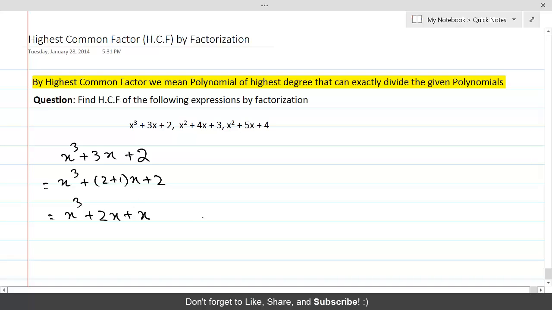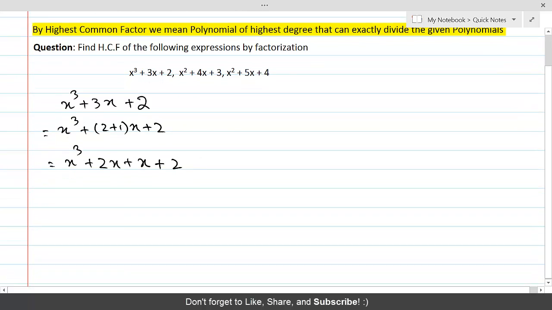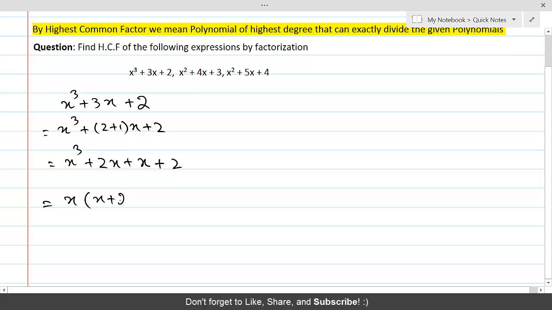We can multiply x inside to make 3 terms into 4 terms, plus 2. And now from this group we can take out x common, leaving inside x plus 2.